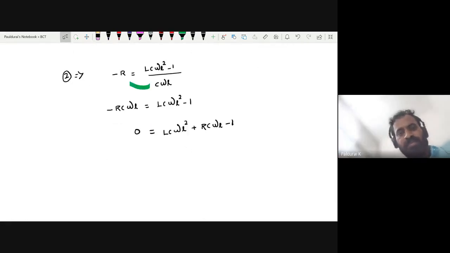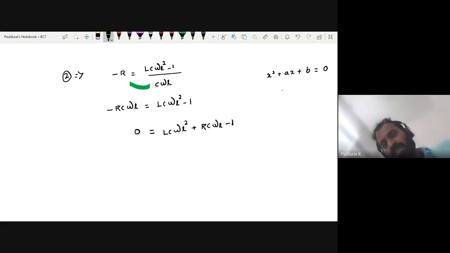Okay. You know this formula? X squared plus some constant AX plus some other constant B equals 0. What is the value for this X? X equals, the quadratic equation. Can you remember this formula?